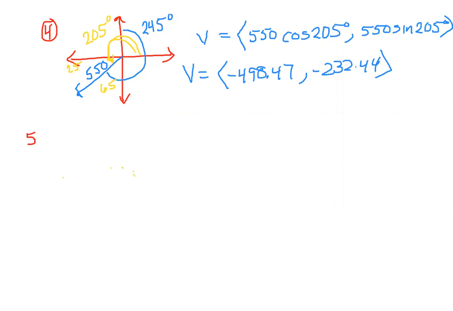All right, let's look at number 5. A man pushes a lawnmower with a force of 25 pounds uphill at an angle of 40 degrees. All right, so let's draw a picture. We're gonna start right here on the horizontal, and he's pushing it uphill, and this angle is 40.